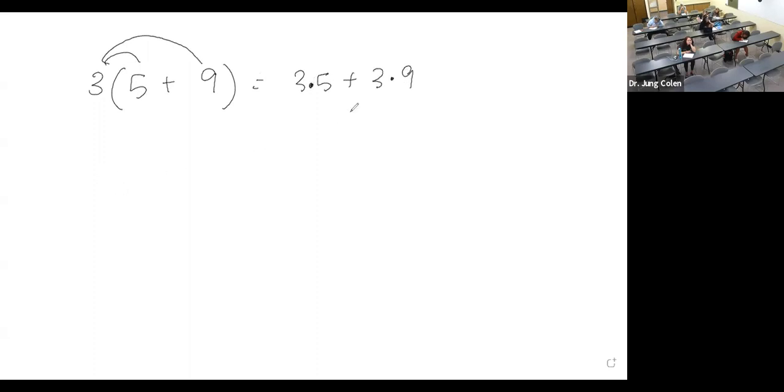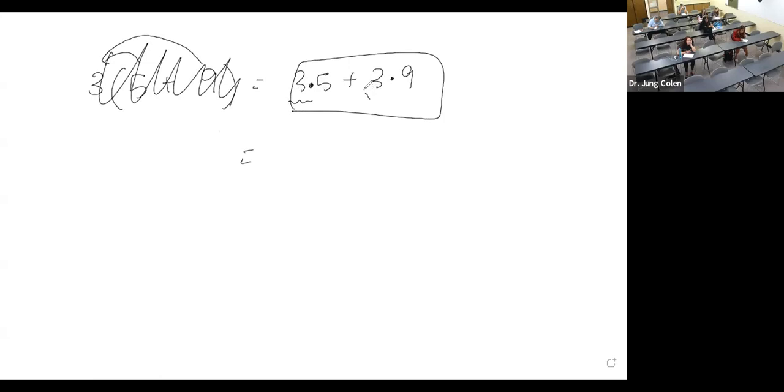So if I don't have that, and you are given only this one, and I see 3 times in that term, and I see 3 times in the second term, so I can factor 3 out. Because it's the same as 3 times (5 plus 9). It's hidden here, but it's exactly the same thing. It's still distributive property. Okay? So either direction, you can say that's distributive property.